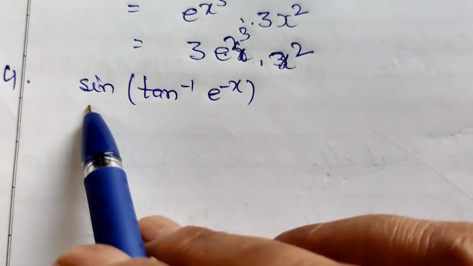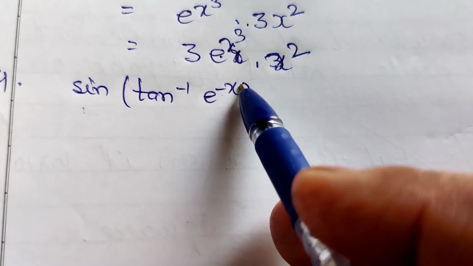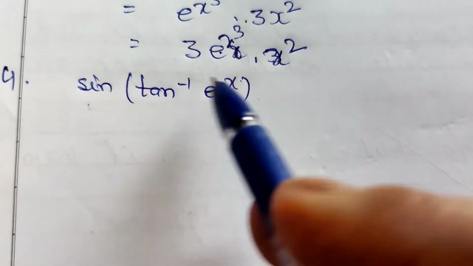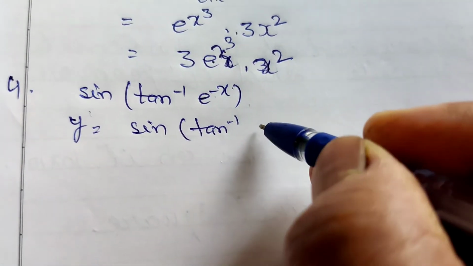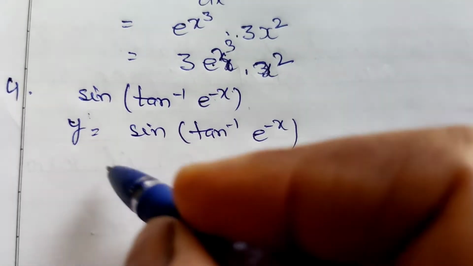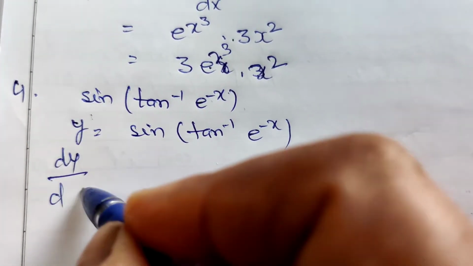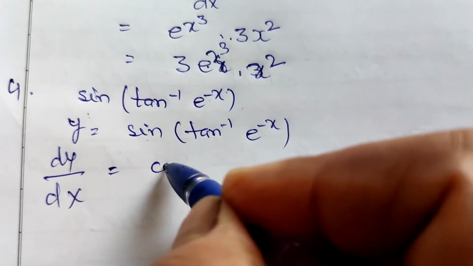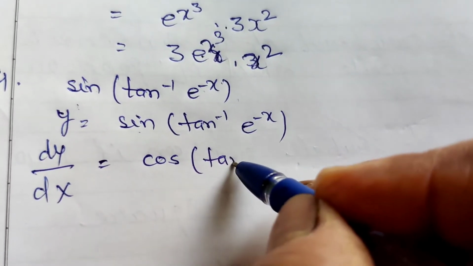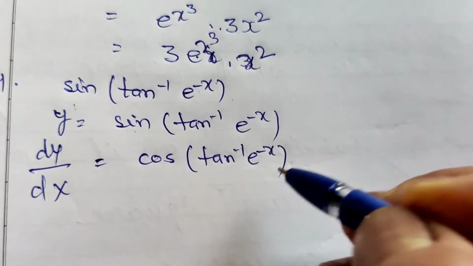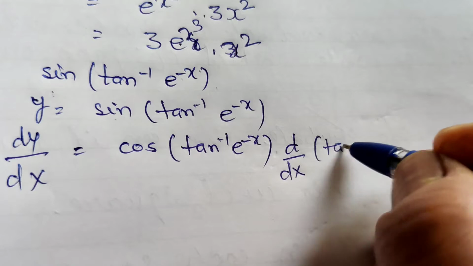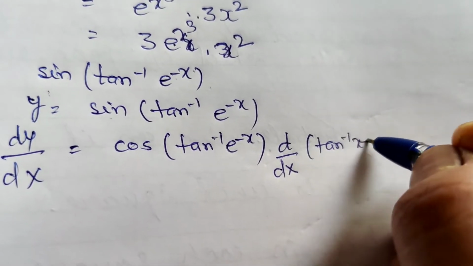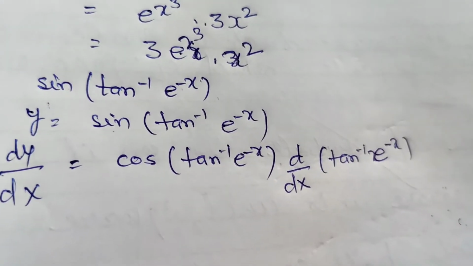Next question is sin tan inverse e raised to power minus x. By applying chain rule, let first y equal to sin tan inverse e raised to power minus x. So first we have to differentiate sin. Sin means cos tan inverse e raised to power minus x, times d over dx of tan inverse e raised to power minus x.